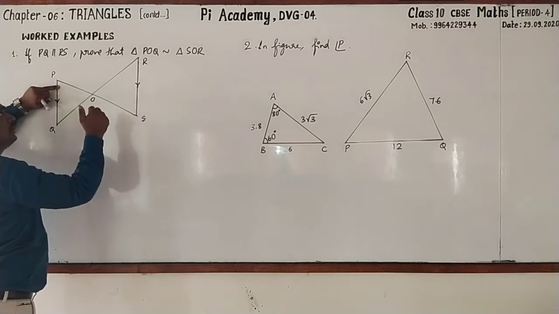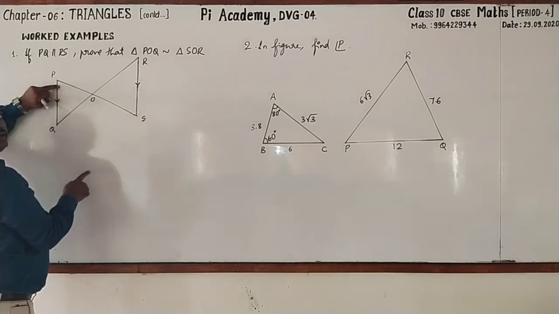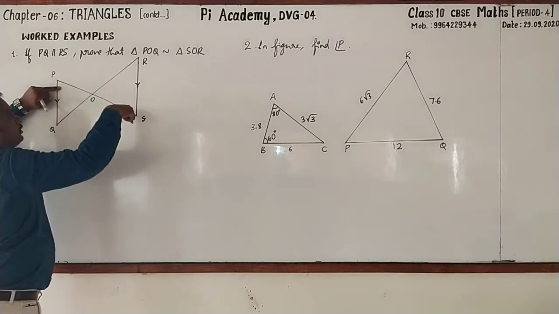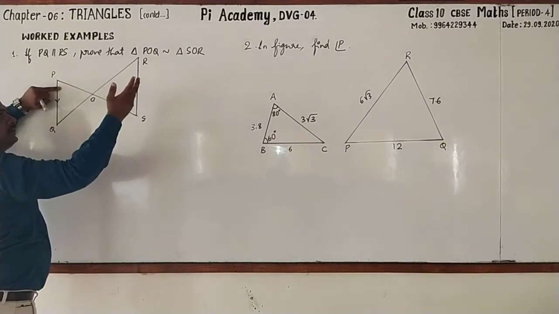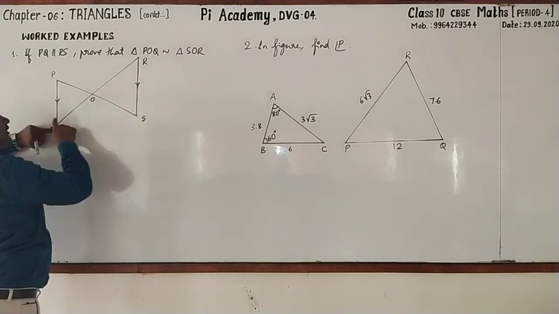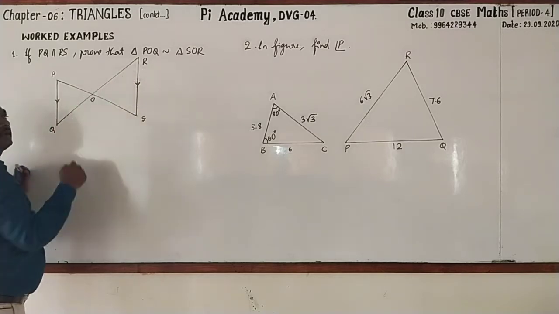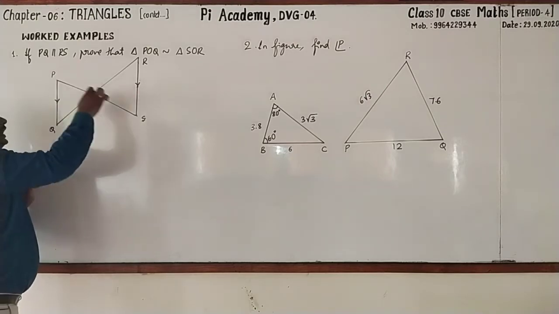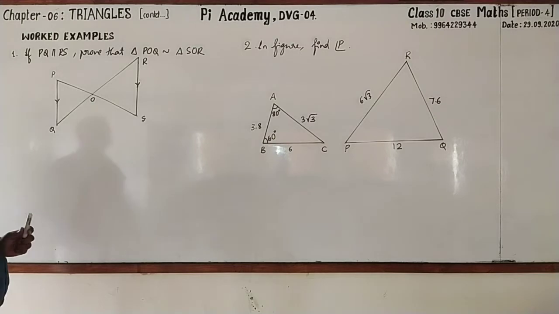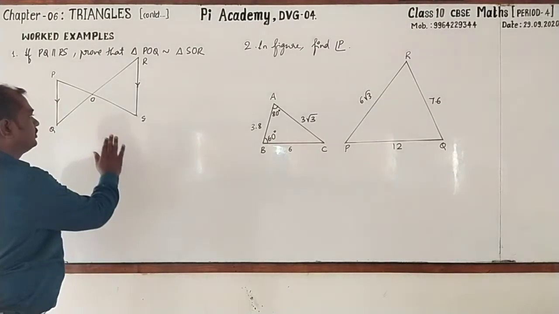Yes. What is the reason? Alternate interior angles. See that here PQ is parallel to RS and PS will be the transversal. In the same way, when you take QR as transversal, angle Q equals angle R. By AA similarity, both the triangles are similar. Yes. Try to write yourself, prove this one.